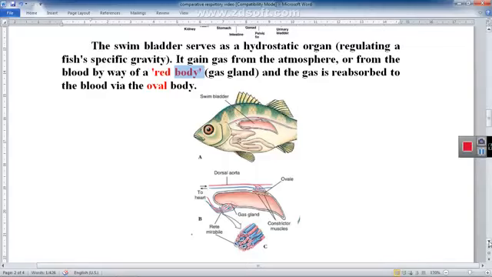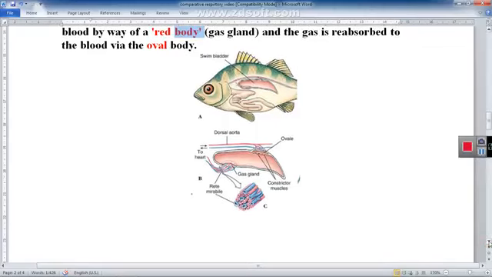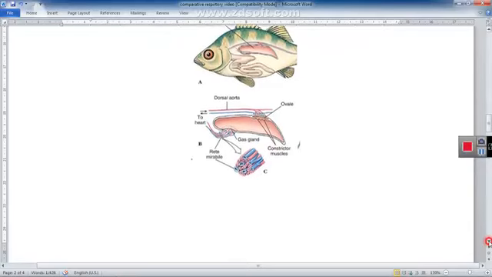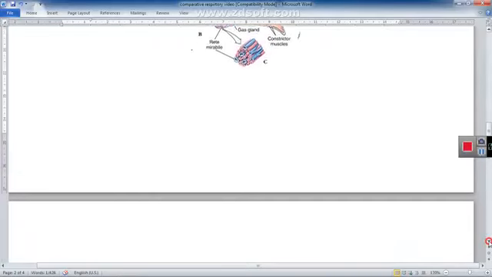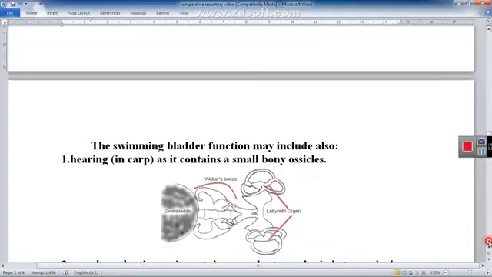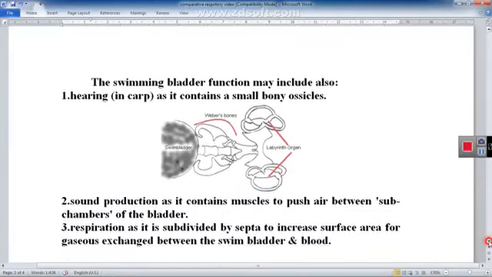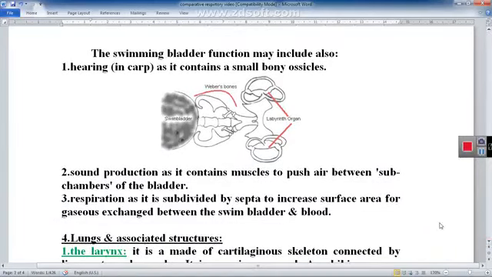However, this is the main function of the swim bladder, but the swim bladder is considered here as a modification of the respiratory organ because it could have other functions, which are hearing, sound production, and respiration. So it is discussed here with the modifications of the respiratory organs in vertebrates.